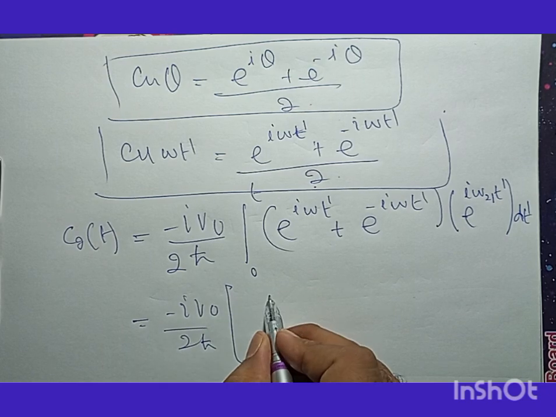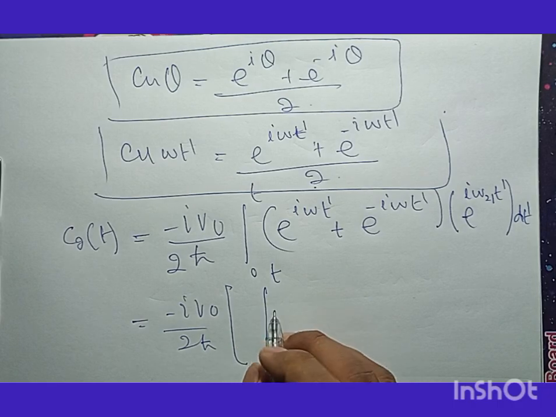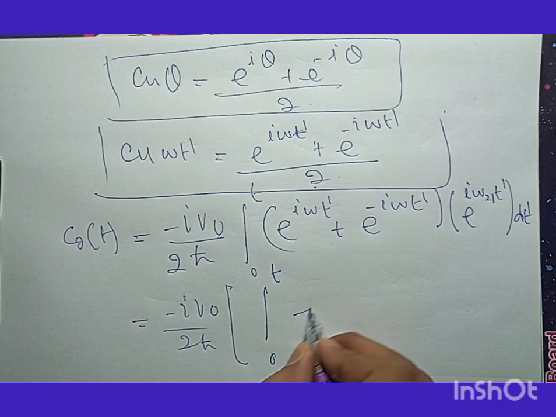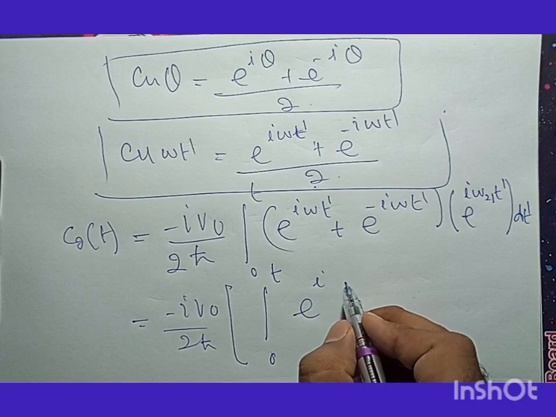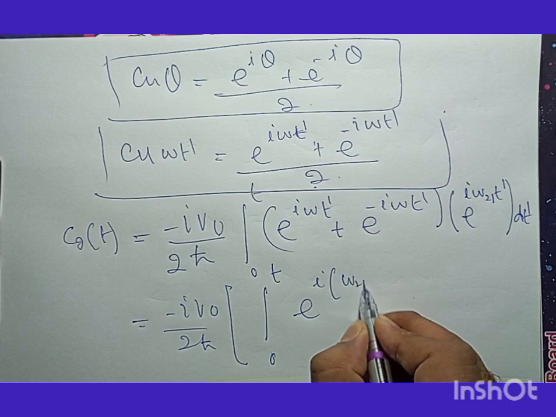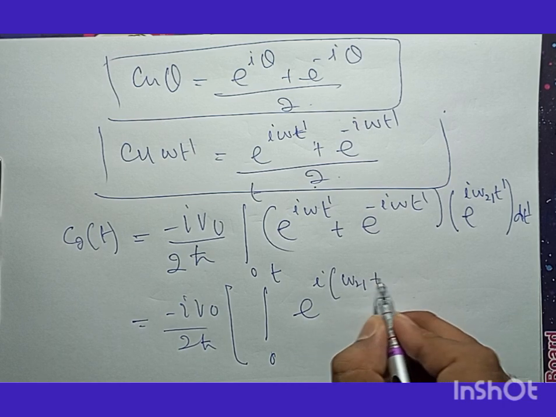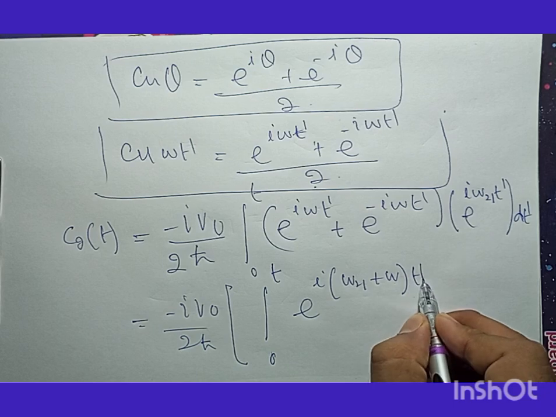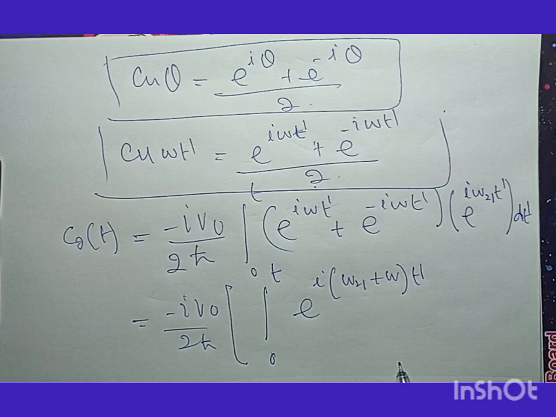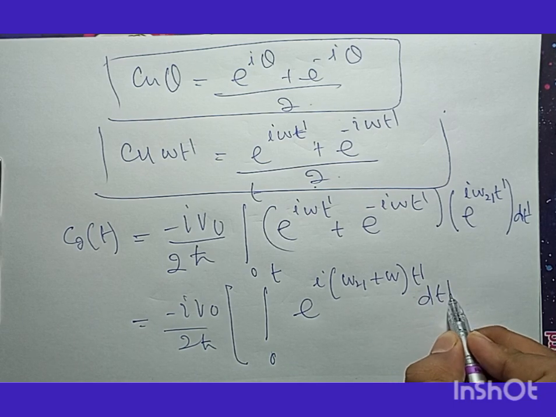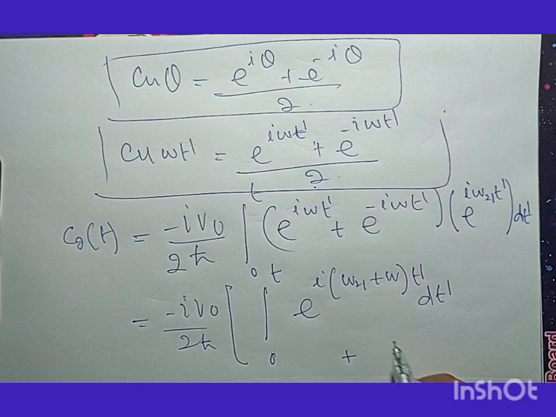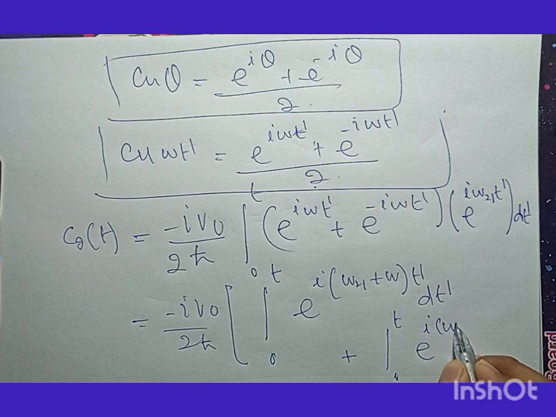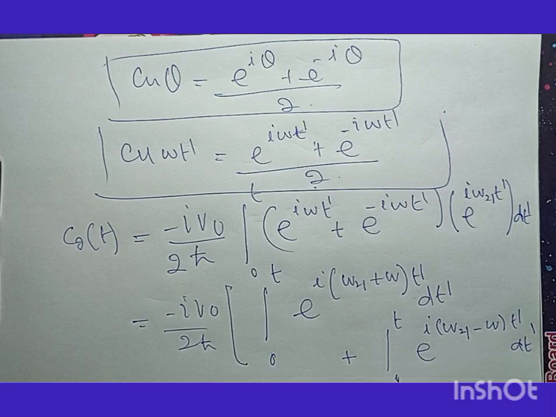Inside I'll have integral number 1, 0 to t, with e to the power of i (omega21 plus omega) times t', and dt', then plus integral 0 to t of e to the power of i (omega21 minus omega) t' dt'.